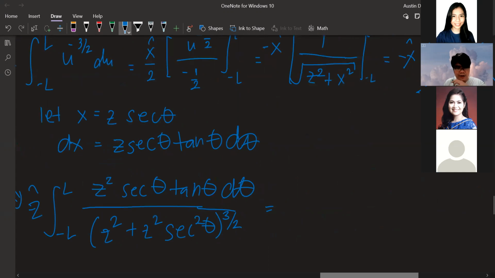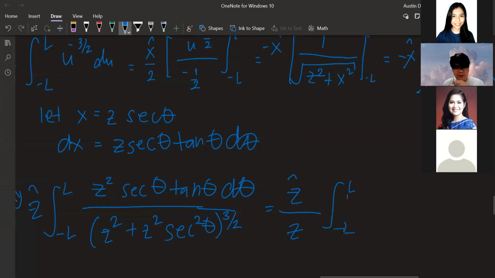Usual na mali ko yan lagi in solving electromagnetic problems nung undergrad ako, nakakalimutan ko yung mga pinaglalagay ko. So pag finactor out natin z squared dito, magkakaroon tayo ng z cube. And if I cancel out with this z squared, magiging z na lang.